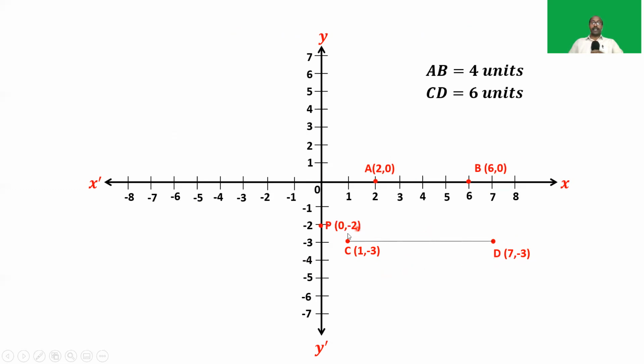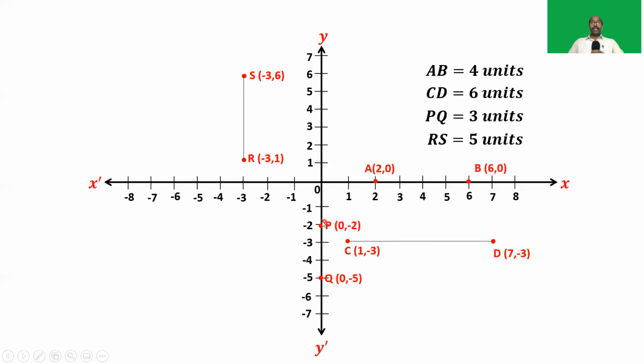And take 2 points on y-axis. P is 0 comma minus 2 and Q is 0 comma minus 5. And the distance between these 2 points is 1, 2, 3, 3 units. PQ is 3 units. And there is a line segment RS which is parallel to y-axis, and the length of this line segment is 1, 2, 3, 4, 5 units.